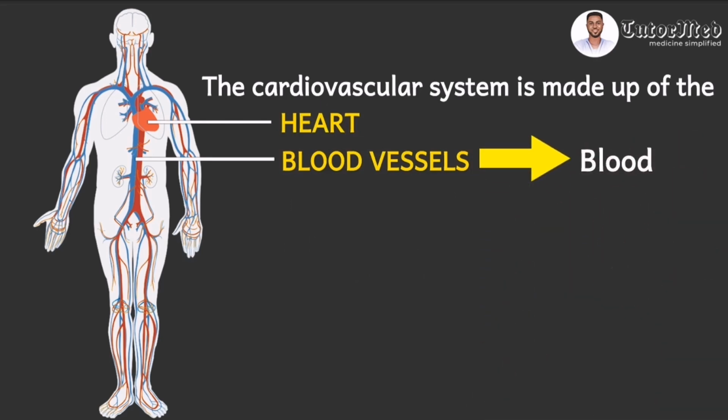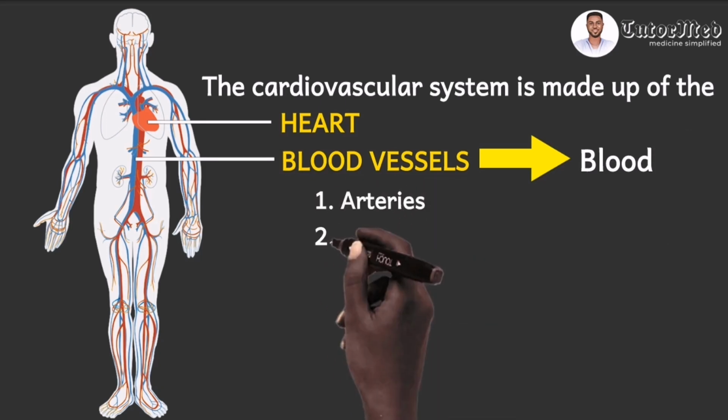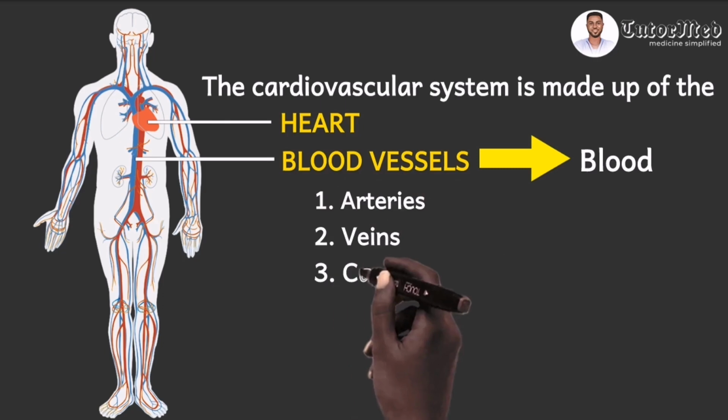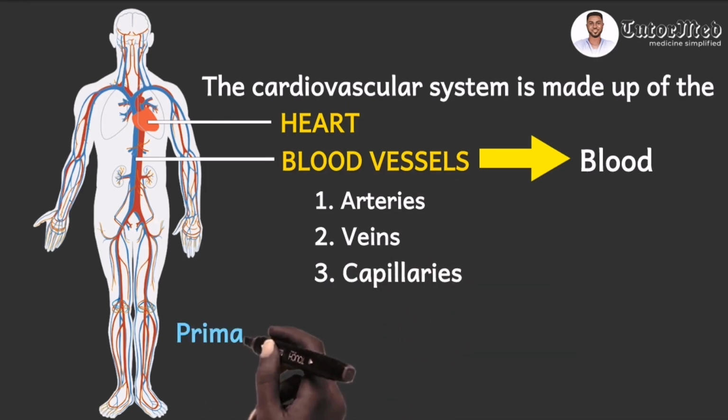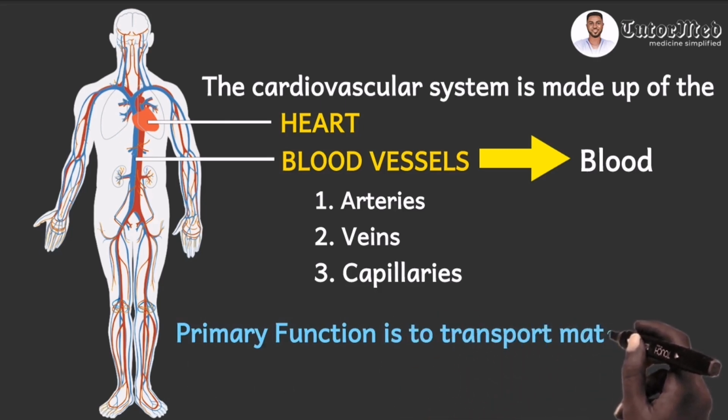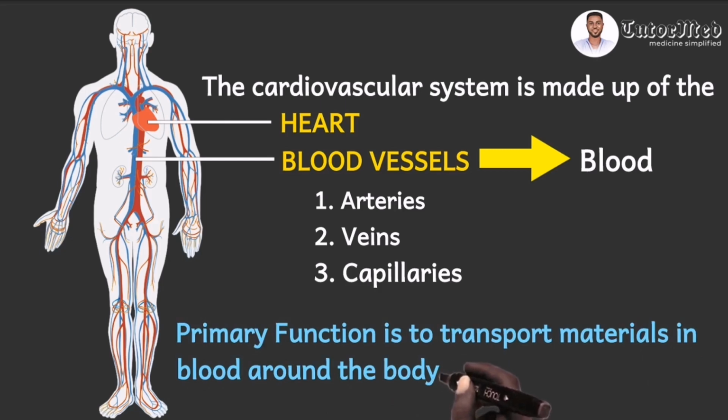The pump drives blood through these vessels to various parts of the body. Then there are three main groups of blood vessels, namely the arteries, the veins, and the capillaries. The cardiovascular system's primary or core function is to transport materials in the blood around the body for exchange of substances.